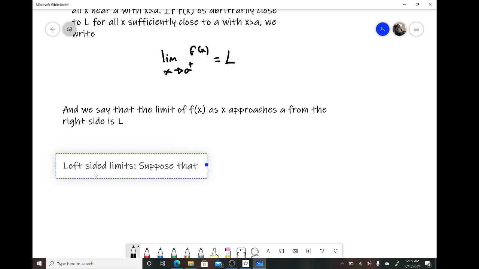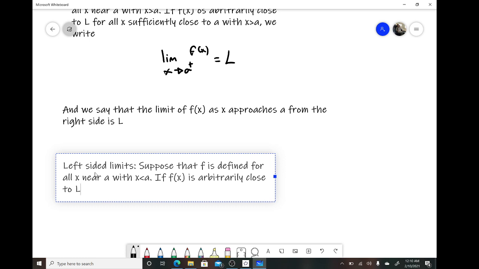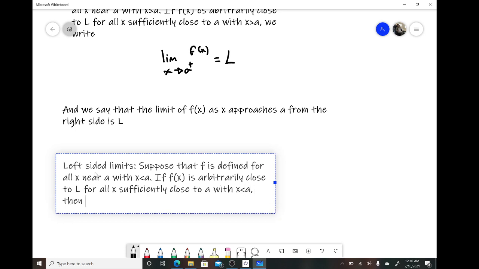Suppose that f is defined for all x near A with x being less than A. If f of x is arbitrarily close to L for all x sufficiently close to A, with x being less than A, then we write the following.